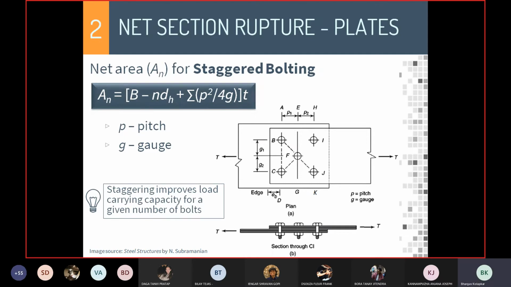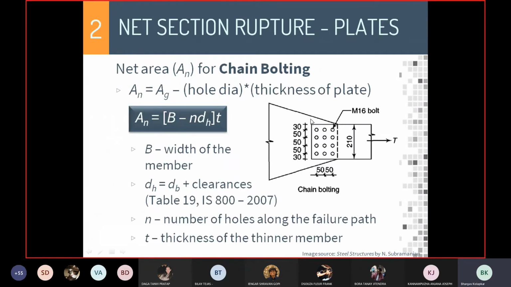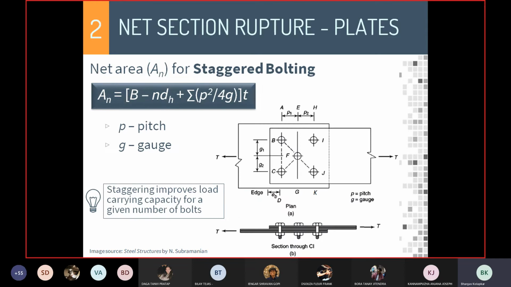That is why staggering is preferred wherever possible. When you have a staggered arrangement, there is no constant failure path. Here you knew that every column of bolts would have the same net area, therefore there was only a single failure path. But when you move to a staggered arrangement, there are multiple possible failure paths.